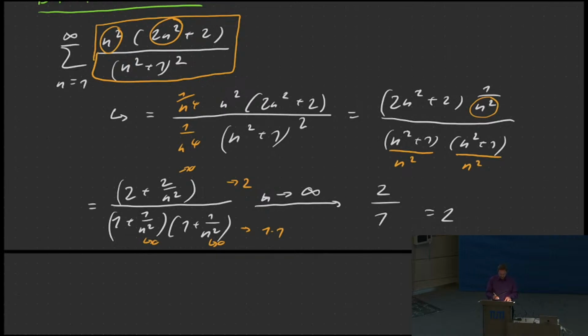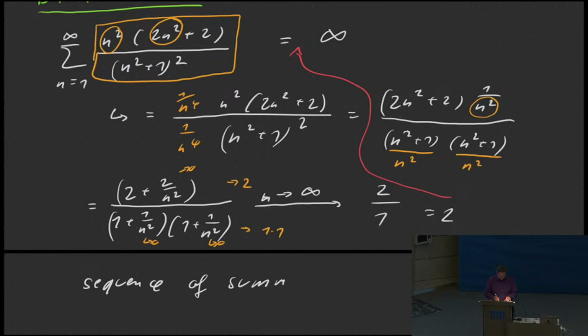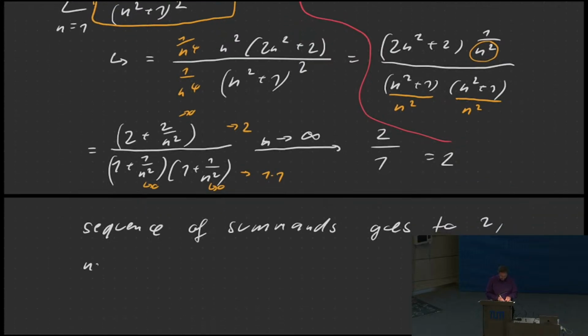Right? So what that means is this will go to infinity because the sequence of summands does not go to 0. It goes to 2, not to 0. So that means the series is divergent.